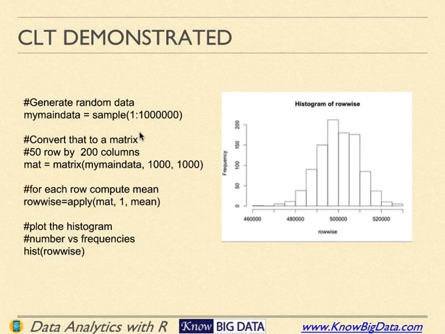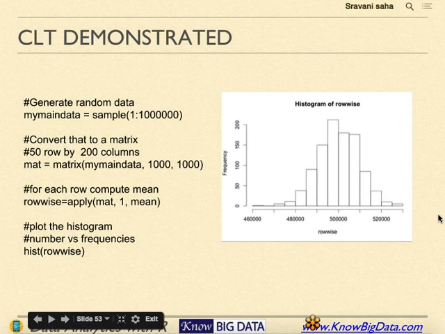Those samples whose mean is very small will be very few. Those samples whose mean is very high will also be very few. Most of the samples will have the mean closer to the actual mean.